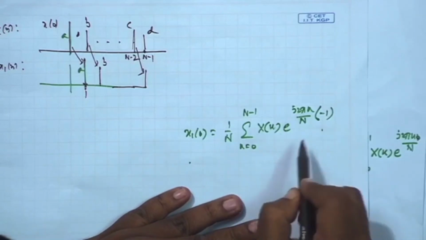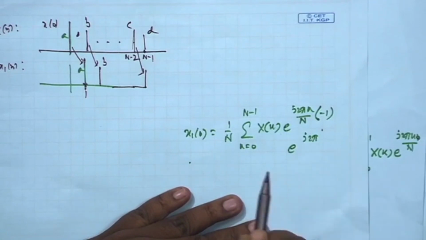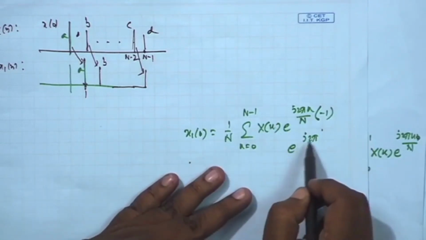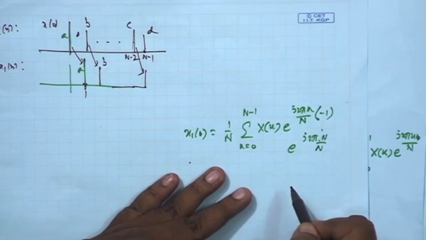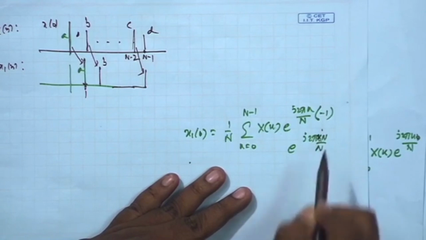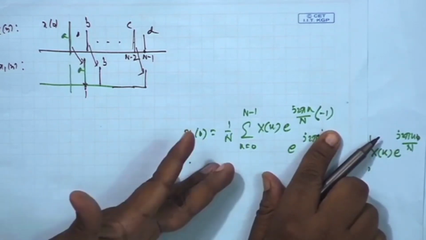For this, I can add e to the power j 2 pi here, and it will not change anything because e to the power j 2 pi is 1. In fact, I can say e to the power j 2 pi into k, because k is an integer.